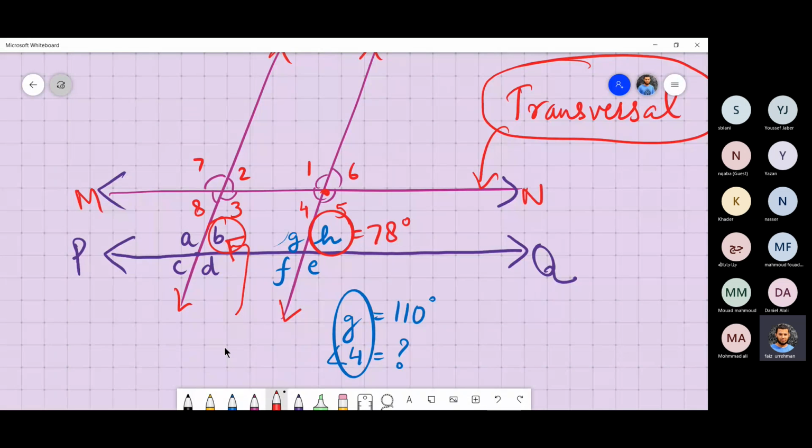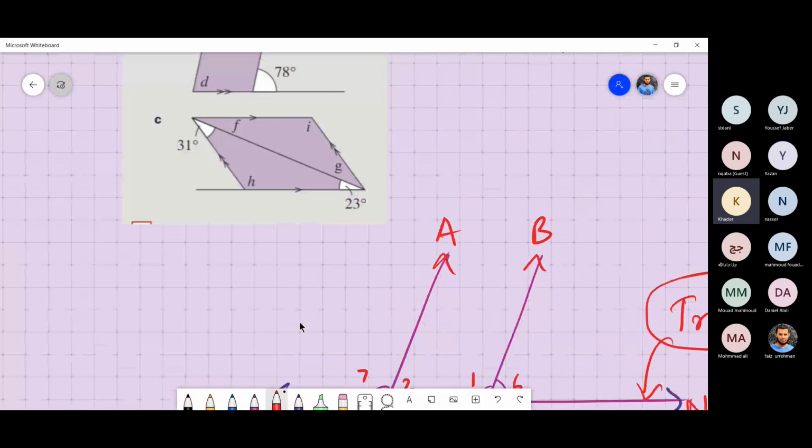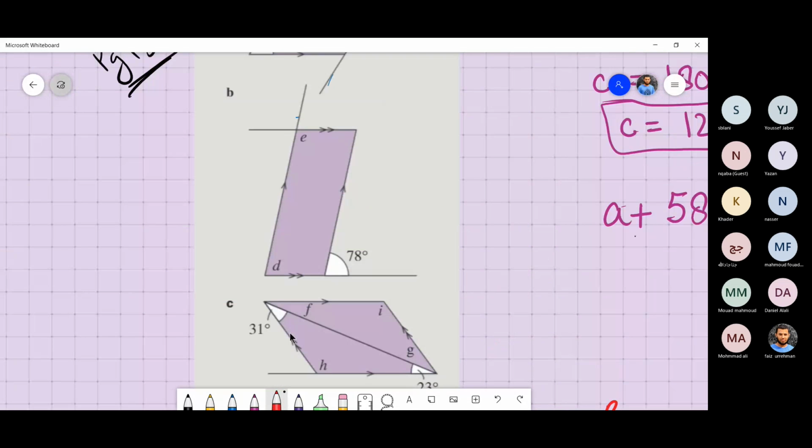Corresponding. Is the relation the same or different? Same. So D will be 78, by corresponding. So D is 78, not 28.